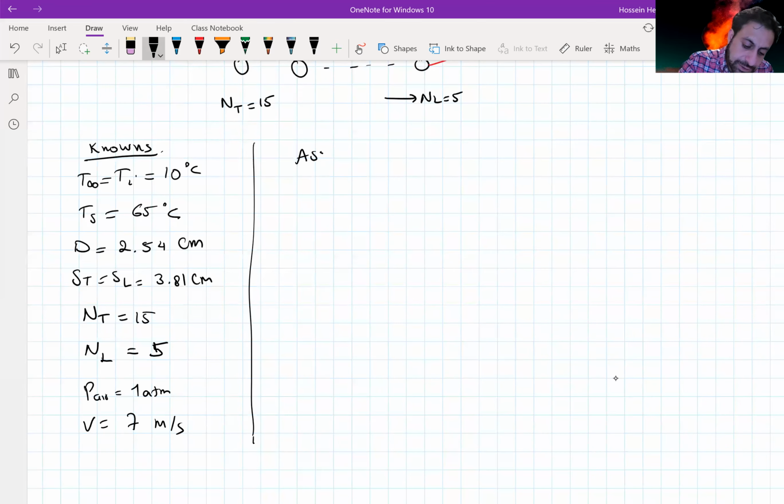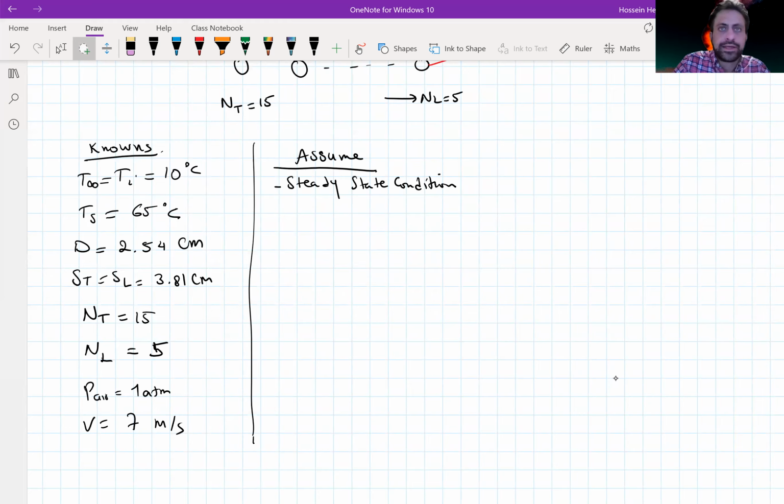In terms of assumptions, we can assume we have a steady state condition and negligible radiation. What else? We're going to assume uniform outer surfaces and uniform temperature at the outer surfaces.